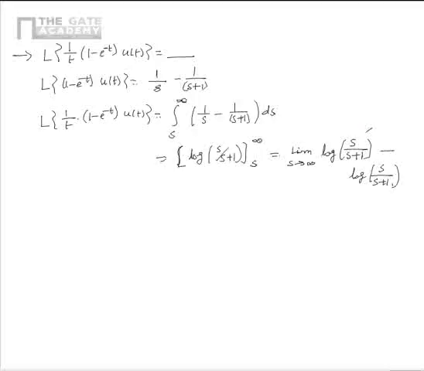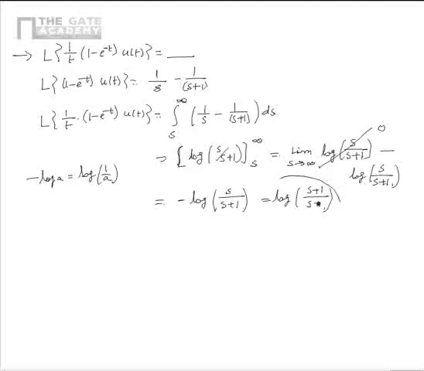We know that as s tends to infinity, this term becomes 0. From this, the Laplace transform value becomes minus log of s by s plus 1. This can further be simplified as log of s plus 1 divided by s, because minus log a is equal to log of 1 by a. Using this identity, the required Laplace transform is log of s plus 1 divided by s.